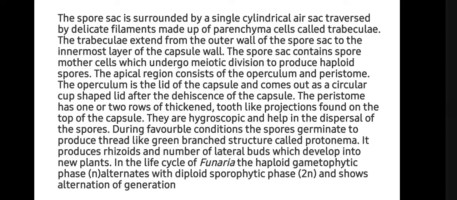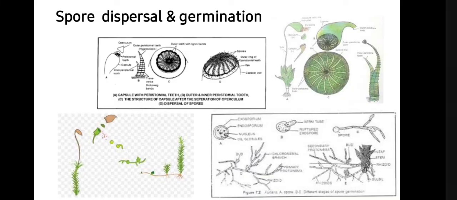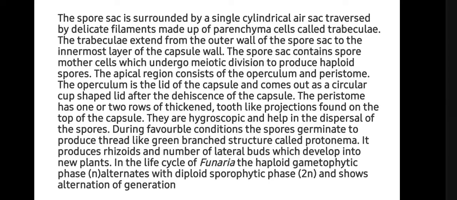The operculum is the lid of the capsule and comes out as a circular cup-shaped lid after the dehiscence of the capsule, as you can see in these images. The peristome has one or two rows of thickened tooth-like projections found on the top of the capsule. They are hygroscopic and help in the dispersal of spores.